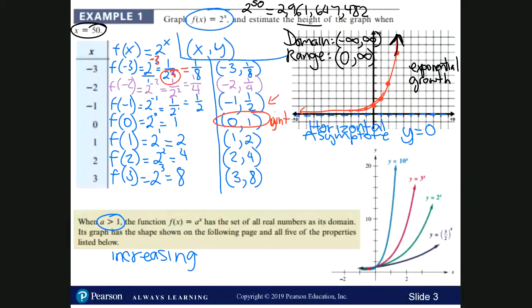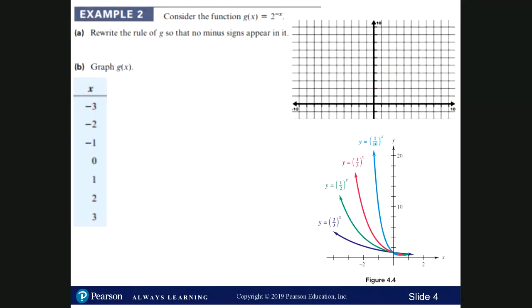Okay, so now we're going to move on to the next slide. And here we're going to graph 2 to the power negative x. Now, before we construct the table, we're going to rewrite the equation of function g so that it has no negative sign in front of the exponent.